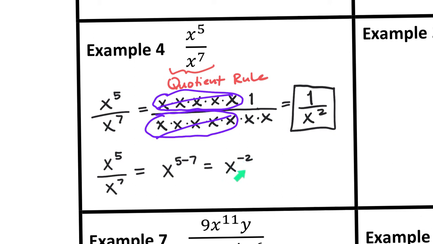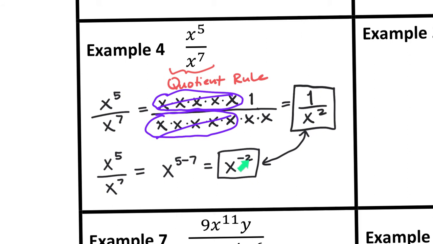So we're getting a negative exponent. So these two answers are actually the same. These two answers are the same. But next class we're going to talk more about negative exponents.